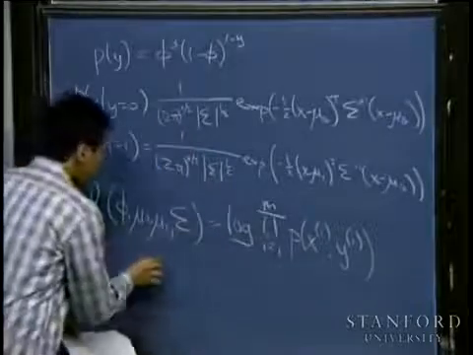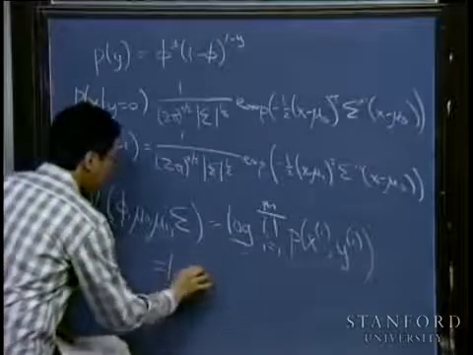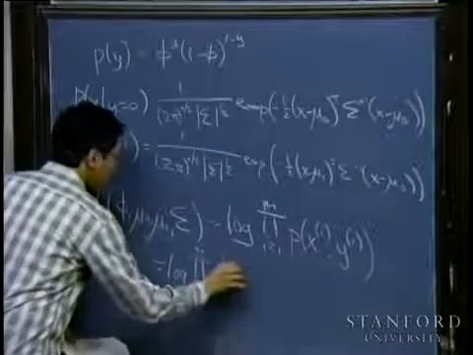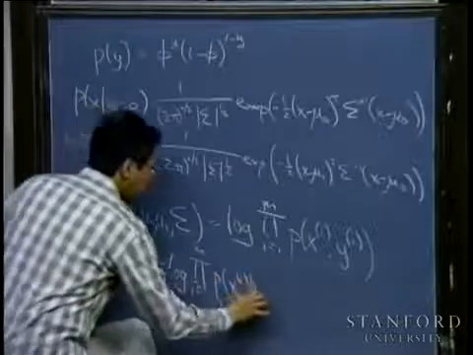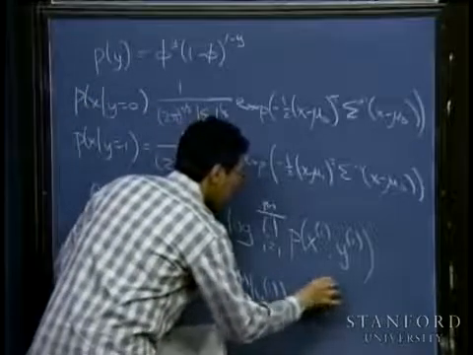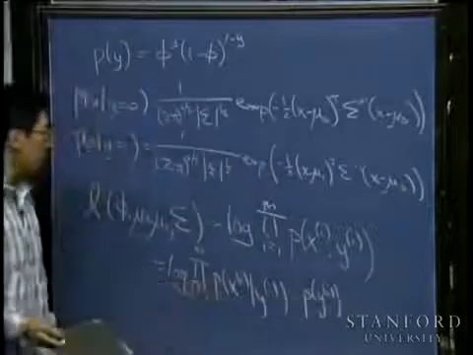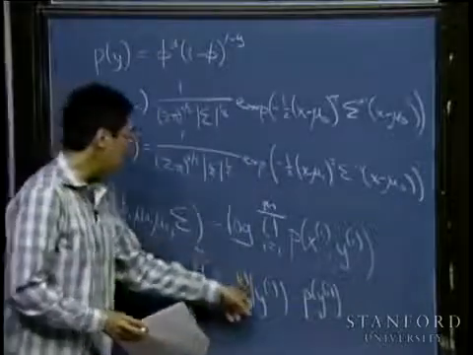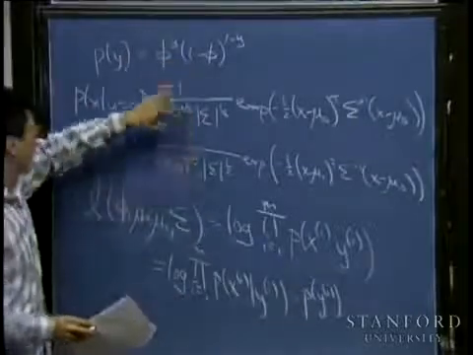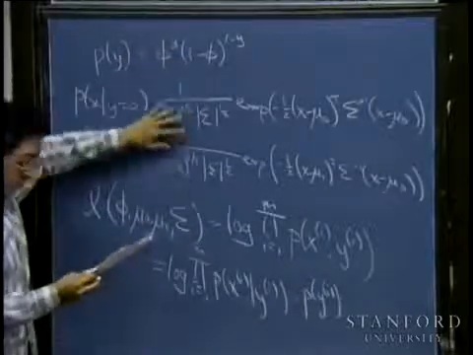And this is just equal to that, where each of these terms, p of xi given yi or p of yi, is then given by one of these three equations on top.